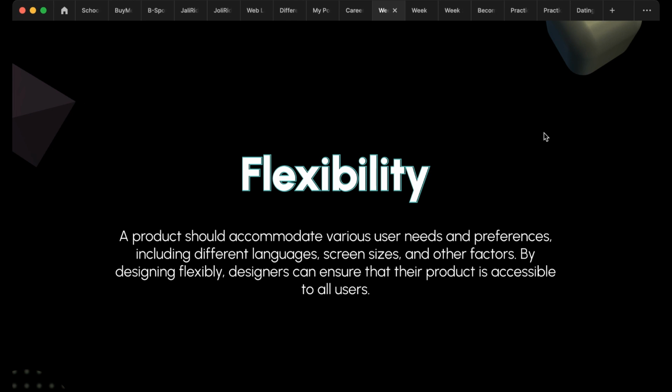Almost the same thing as the UX design principle, but in UX design principle it's just about the experience, while in UI it's about the look and the feel. Okay, so like I said in our previous example, users should be able to access this video, whatever device they are using, and it should fit in whatever screen size they are using.